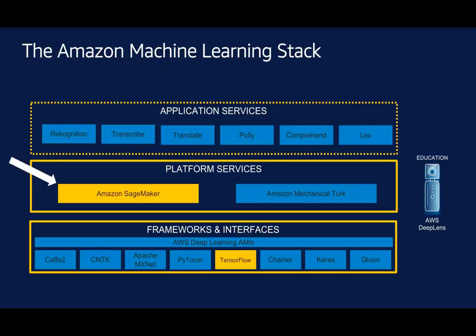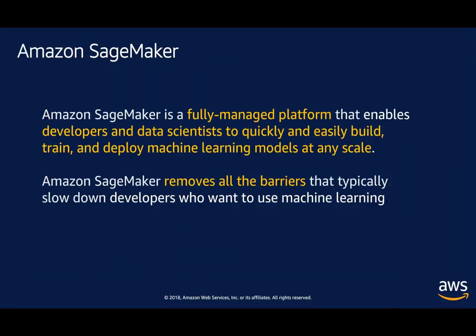And so today we're going to focus on SageMaker, and we're going to see how you can use SageMaker to train TensorFlow models. TensorFlow is one of the most popular deep learning frameworks out there. So what is SageMaker in a nutshell?